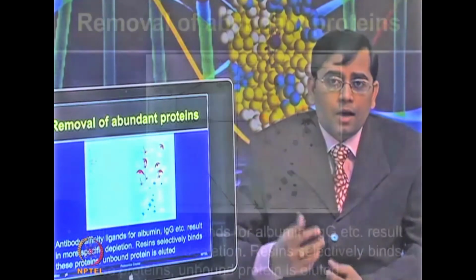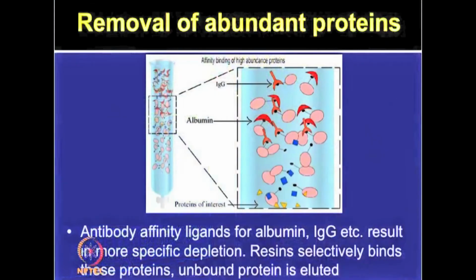So, the affinity based methods ensure the specific targeting of albumin, IgG and other specific abundant proteins. The antibody affinity ligands are used for albumin, IgG and other abundant proteins, and it results in very specific depletion. These resins can selectively bind to these proteins, and unbound proteins can be eluted in a suitable buffer.